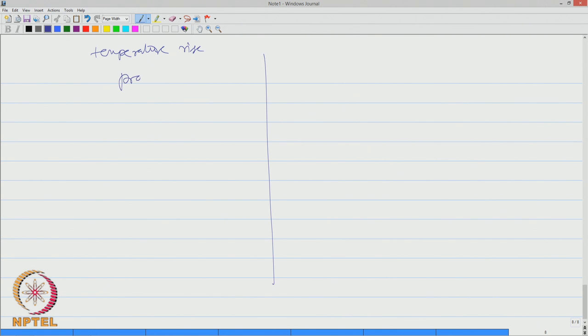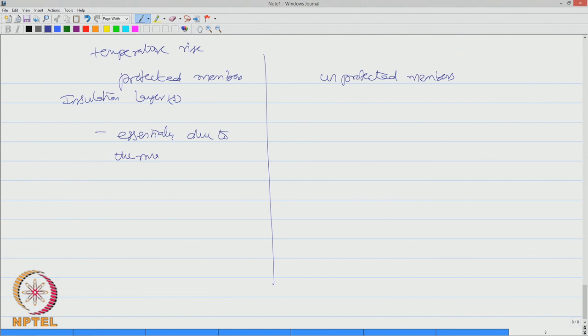Let us talk about the temperature rise in protected and unprotected members. Obviously, in protected members there will be an insulation layer, there can be even insulation layers. Therefore, the temperature rise in protected members will be essentially due to thermal conductivity.